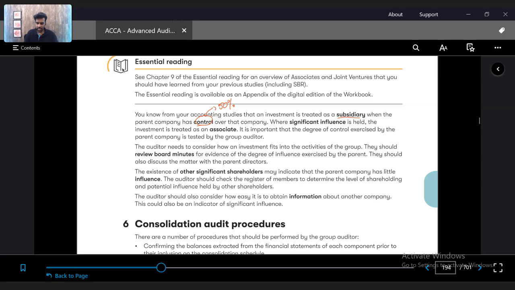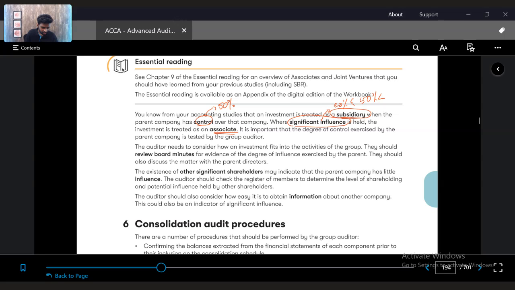If they own more than 20% but less than 50%, then they have significant influence, and if significant influence is there, then it is an associate. If they have control, it is a subsidiary. Anything less than 20% will be a mere investment.